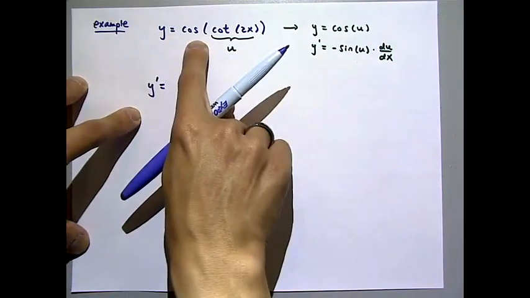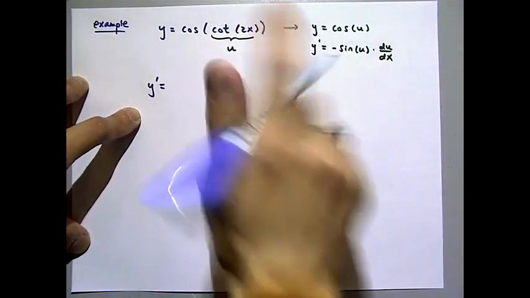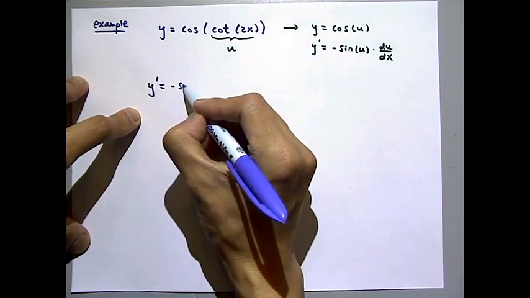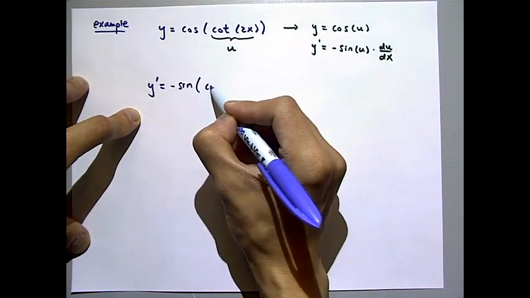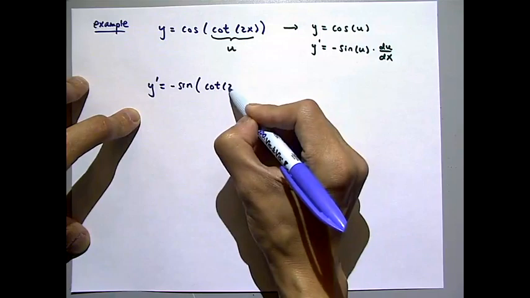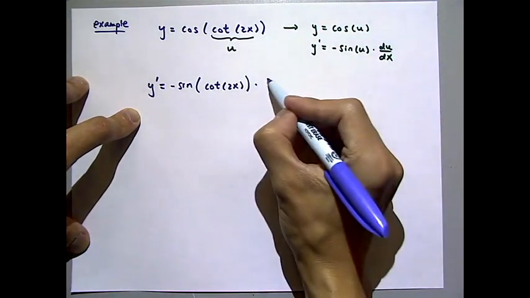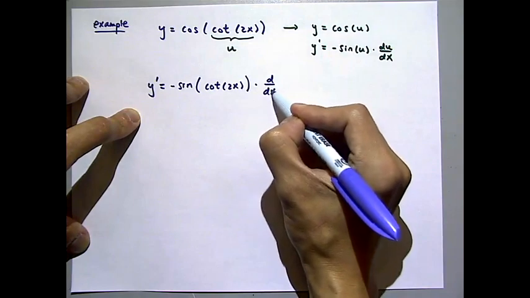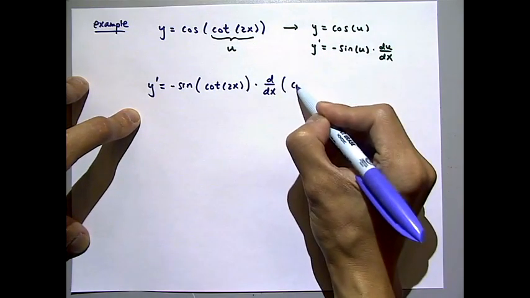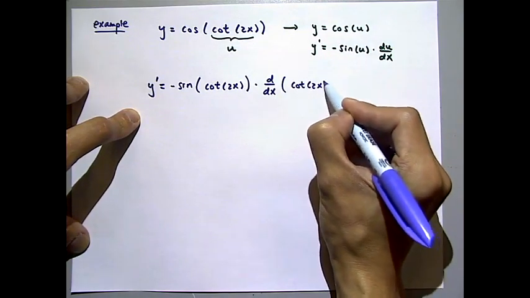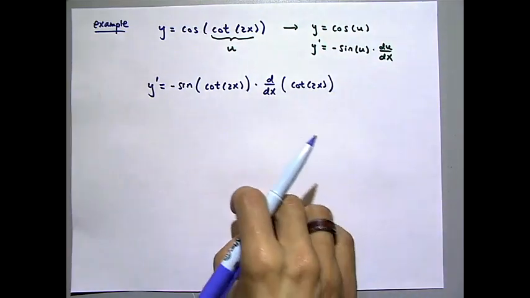Okay, so here we have negative sine of the same thing, minus sine of u times derivative of what we're calling u. And we're calling cotangent of 2x our u.